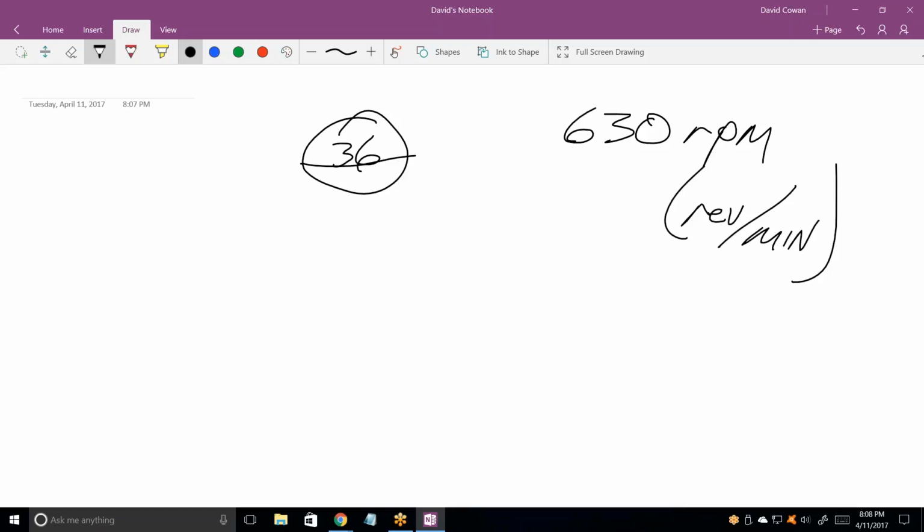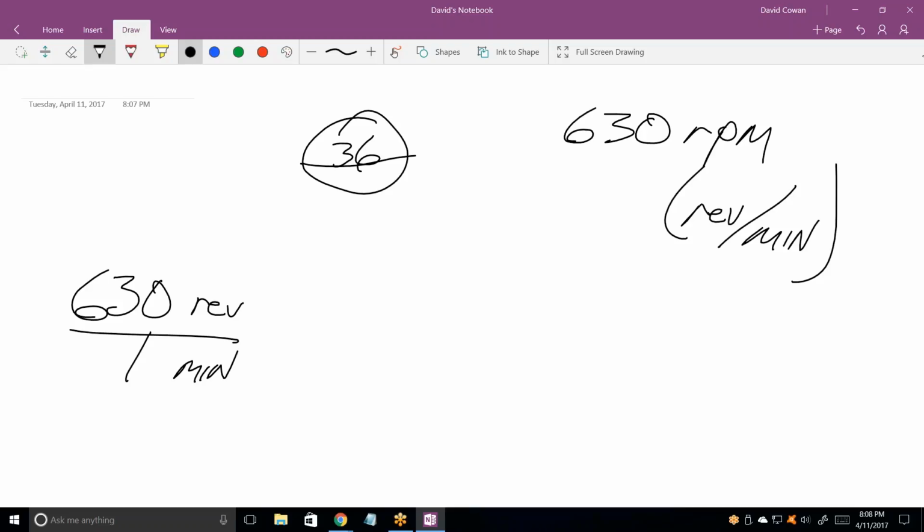This is a very typical problem. The secret to this problem is getting your units to cancel. Here's what we start with: 630 revolutions per 1 minute. That's what RPM means.